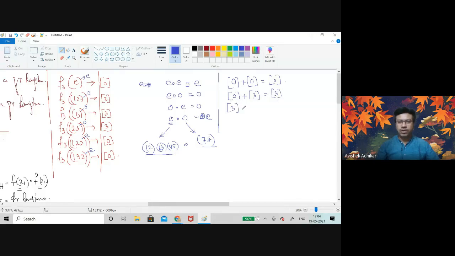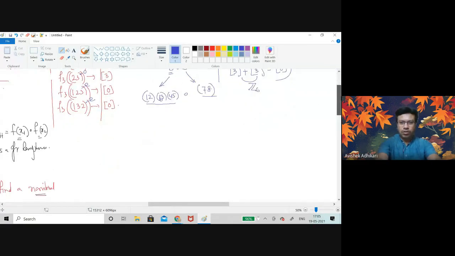For odd, that means class 3 plus even 0, you get odd. And for odd, class 3 plus class 3, you get class 0, because we are in Z6. Mind that we are in Z6. That's why class 6 is equal to class 0. So through this, you can understand that this actually gives you a group homomorphism.